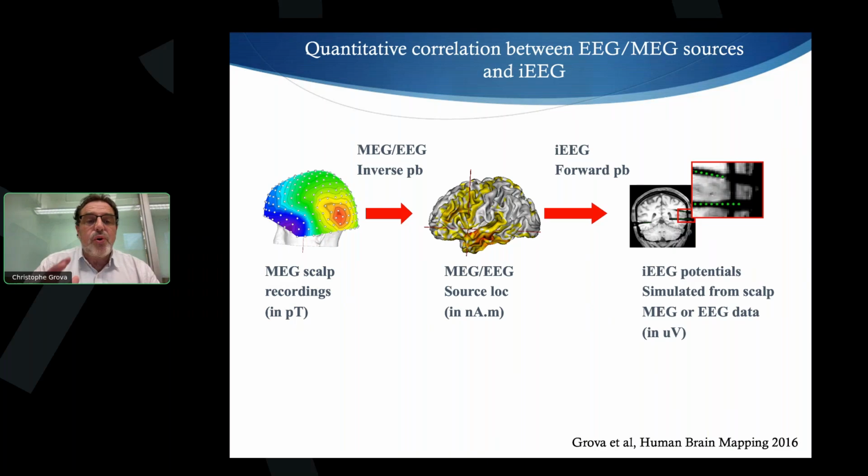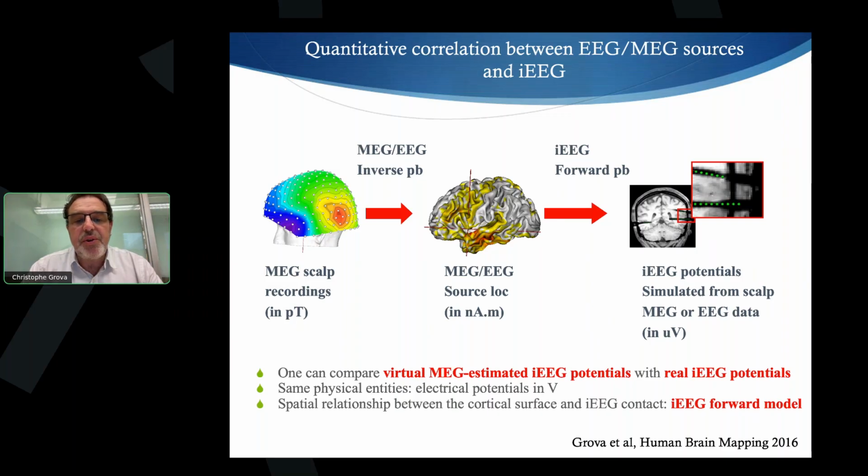So we want to see what portion of the MEG can be seen by intracranial. And to do that, we apply an intracranial EEG forward problem to this. So we have measurements of magnetic field in picotesla, transform into source map, and then transform into electrical potential, what I would call virtual SEEG potential, estimated from the MEG.